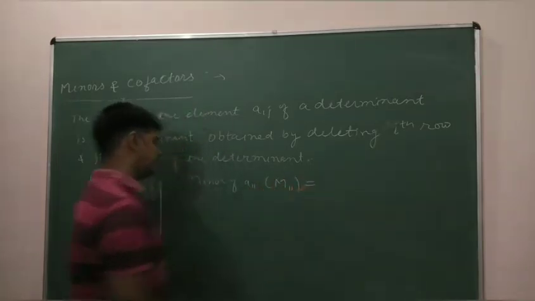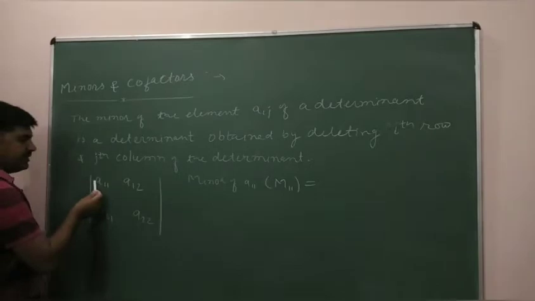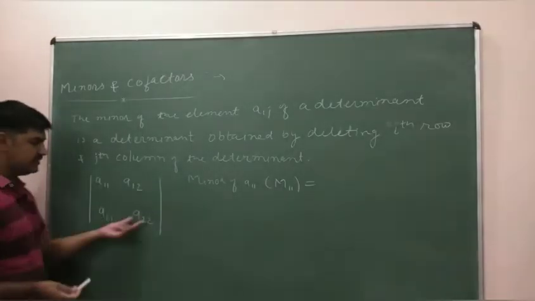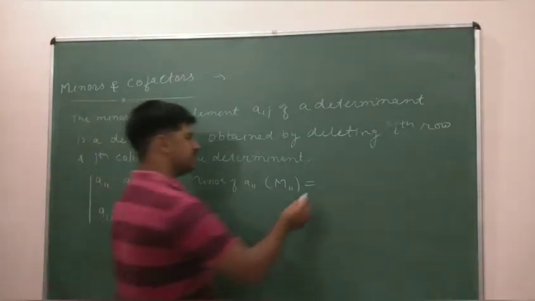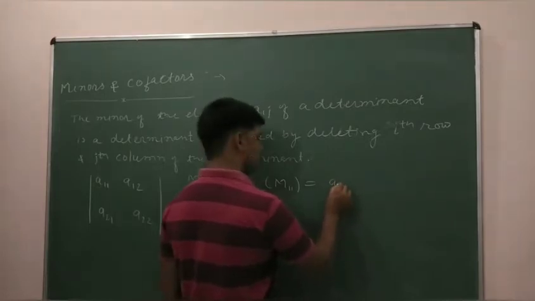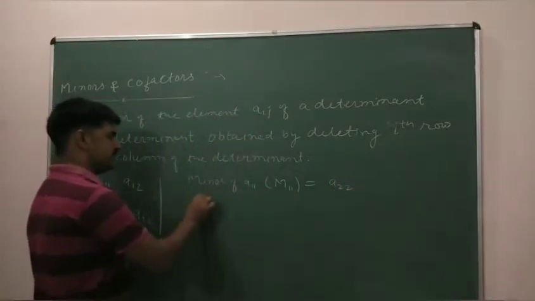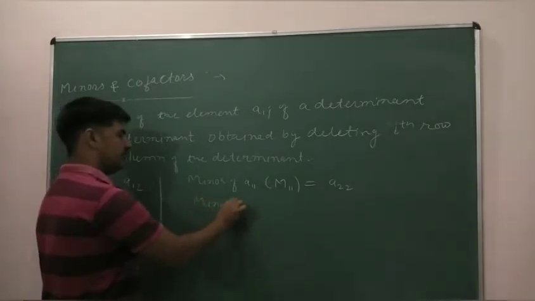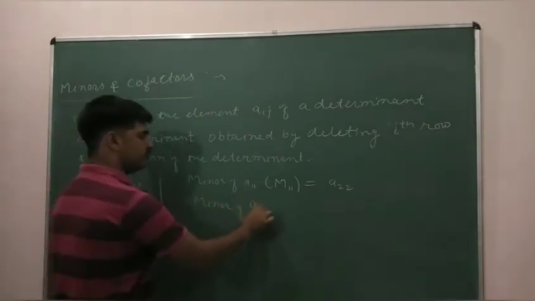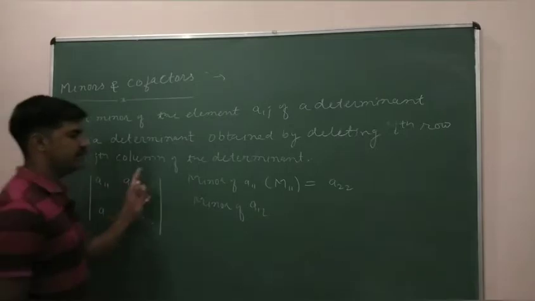Just delete the first row and the first column, then this particular element is obtained. So a22 is the minor. The next is minor of a12, means minor of this particular element.